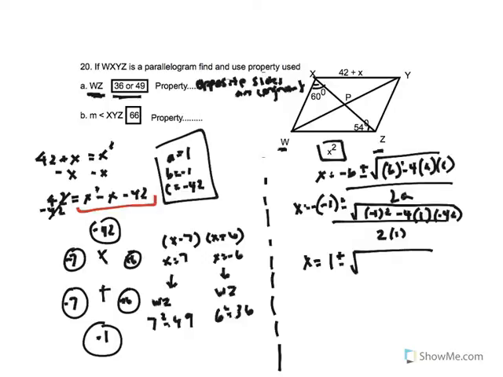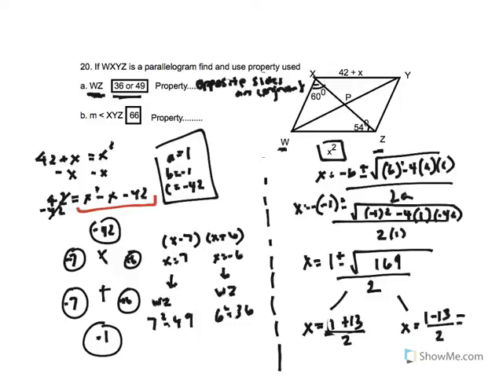So minus a negative gives me plus. I get 1 plus 168. I get 169 over 2. The square root of 169 is 13. So I get x equals 1 plus or minus 13 over 2. Whoops, this needs to be a plus. 1 plus 13, and this is 1 minus 13, over 2. Here I get -6. Here I get 7. So I got the same answers here that I got when I factored.